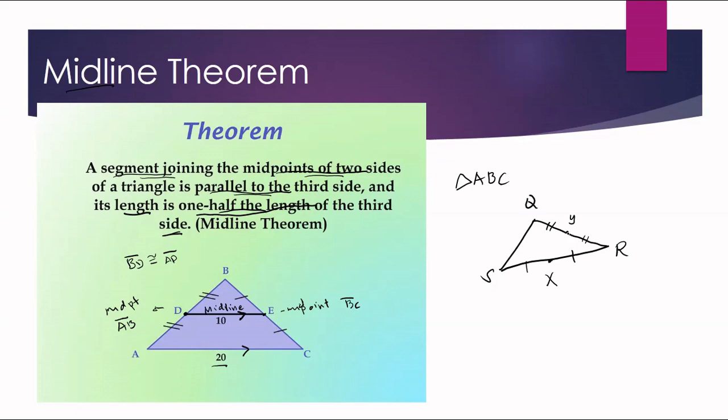If we join these two midpoints, the segment that we have formed is what we call the midline. This midline is parallel to the third side. If the midline is given as 6 units, how long is segment QS? Yes, segment QS is 12 units. We multiply it by 2.